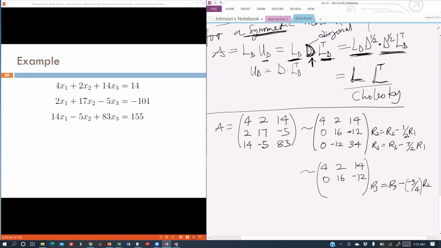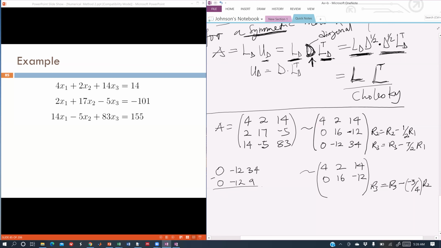And when we do that, we're going to have 0, minus 12, 34, negative 3 on 4 times this will give us 0, times that will leave us with minus 12, and times minus 12 will give us positive 9.